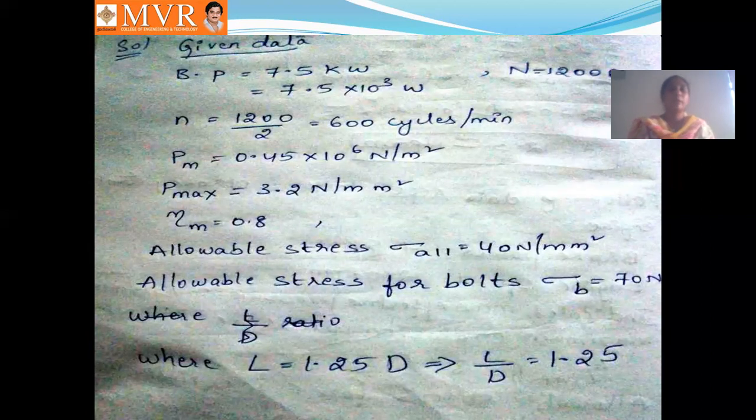Brake power is equal to 7.5 kilowatts, that is 7.5 into 10 to the power of 3 watts. Engine speed N is equal to 1200 rpm.